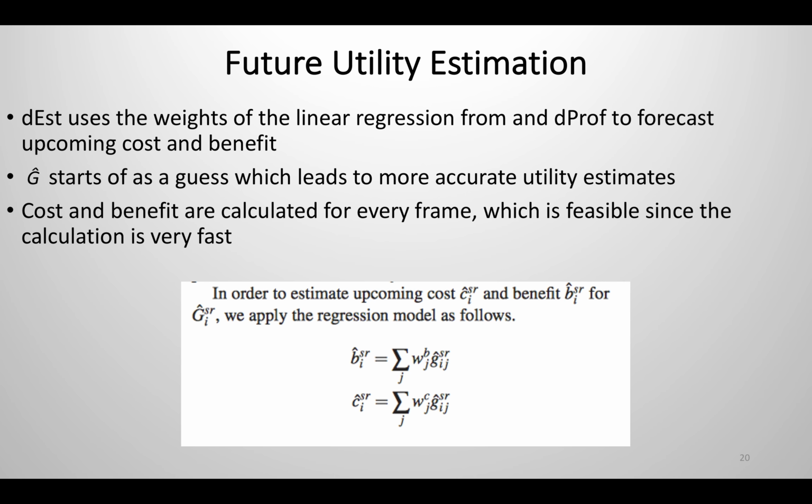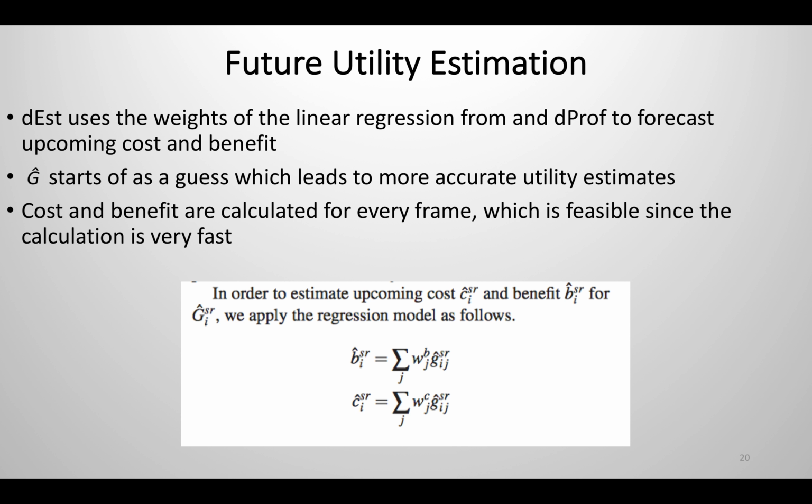Future utility estimation. DEST uses the weights of linear regression from dprof, the utility profiler, and forecasts the upcoming cost and benefit. Now, G cap starts off as a guess, which leads to more accurate utility estimates. Costs and benefits can be calculated for each frame, and this is possible as it is very fast and quick.